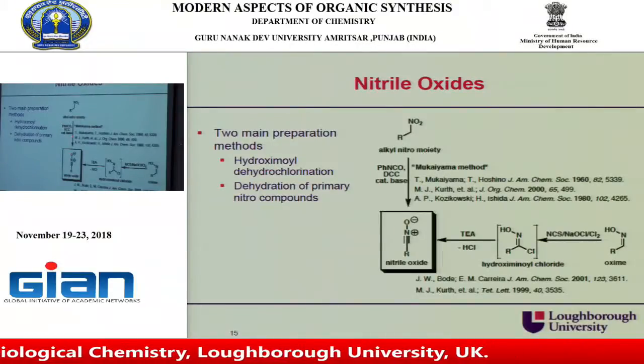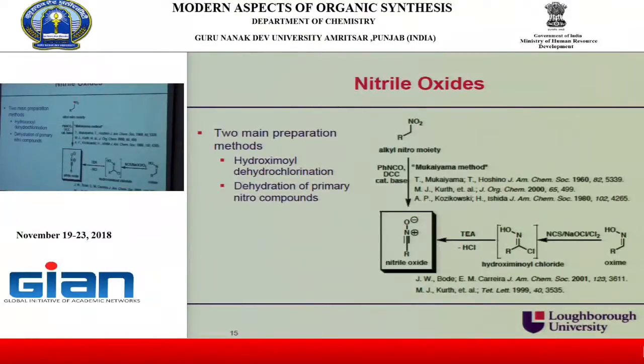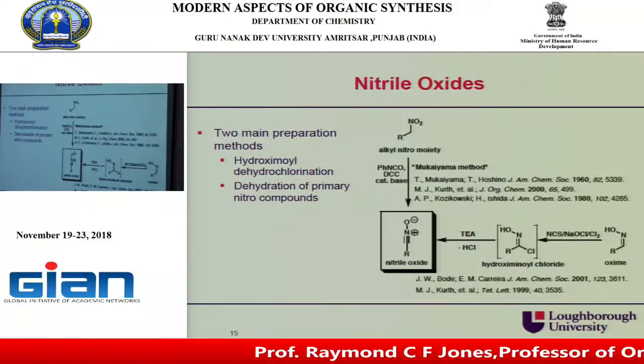If you work that through, again, you can dehydrate an alpha nitro compound. And if you look at it, two protons have come from the CH2 next door to the nitro, and one oxygen. So we have overall lost water. But that's quite a fun practice of curly arrows to go through that one.